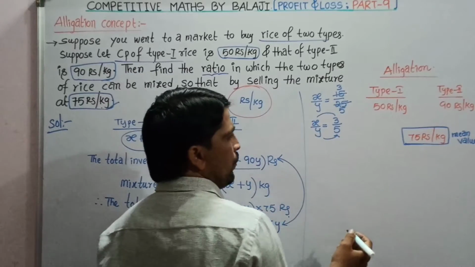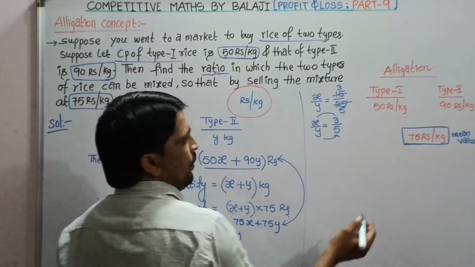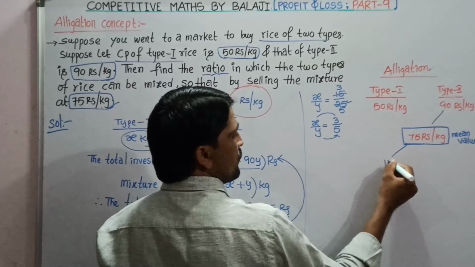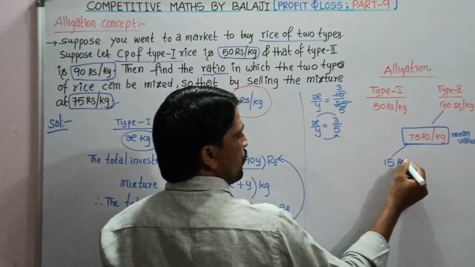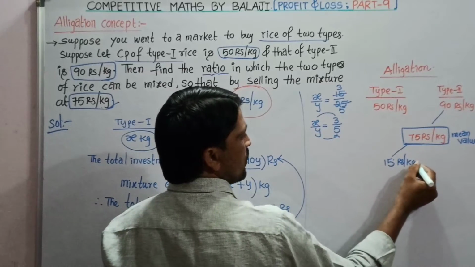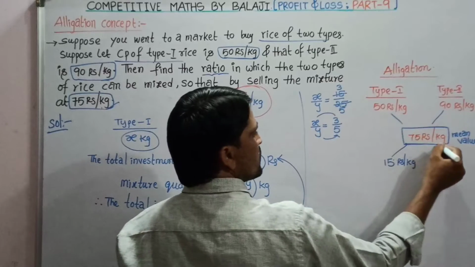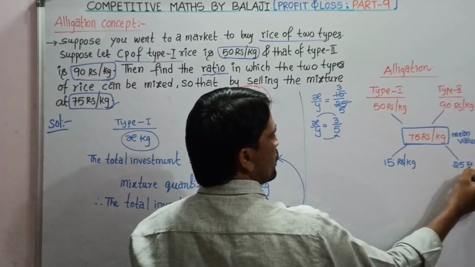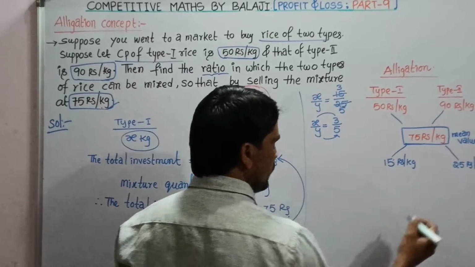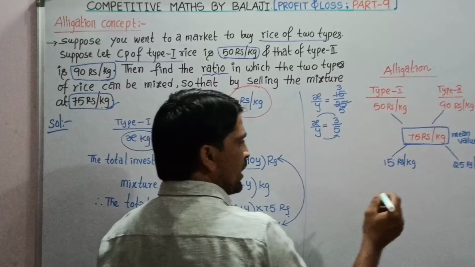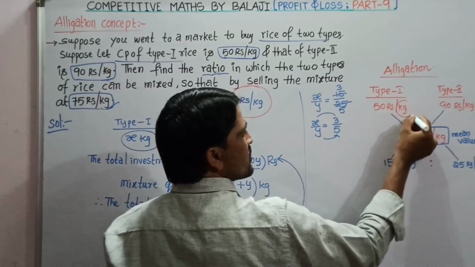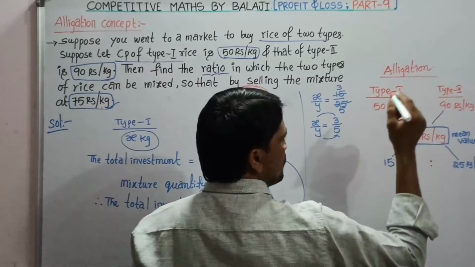Now consider the difference of 90 and 75, that is 15 rupees per kg. Consider the difference of 75 and 50, that is 25 rupees per kg. If we consider their ratio, we get the quantity of rice of type 1 and type 2.